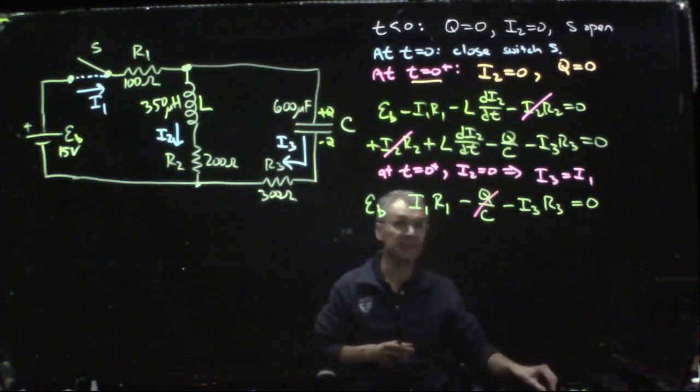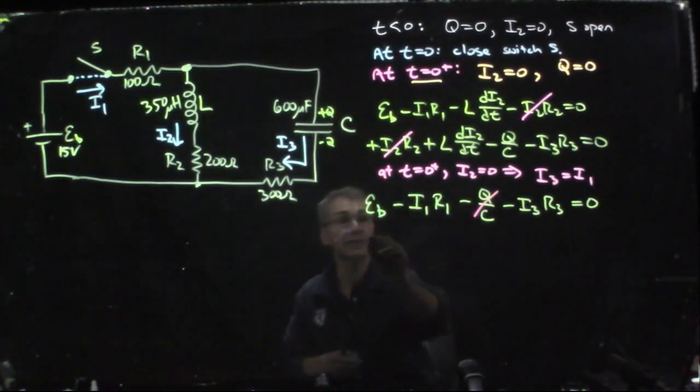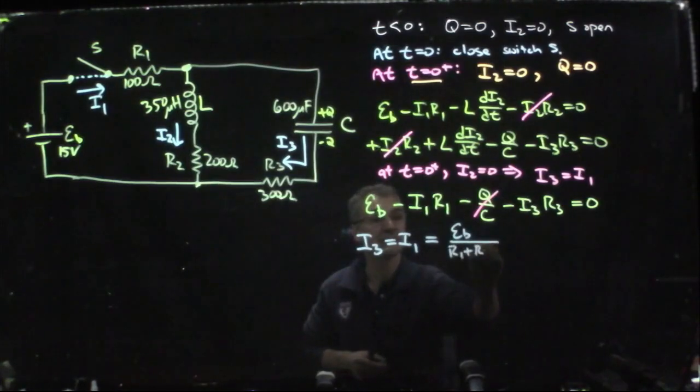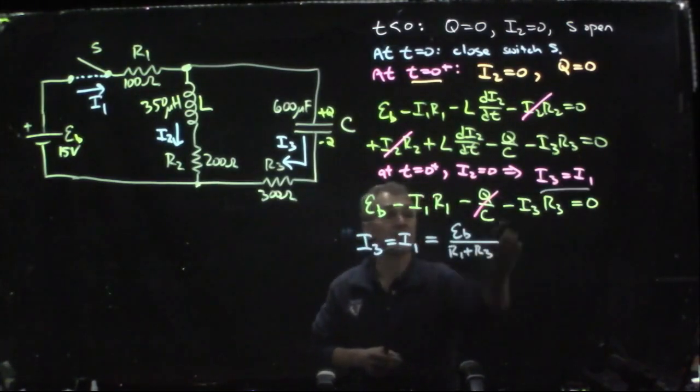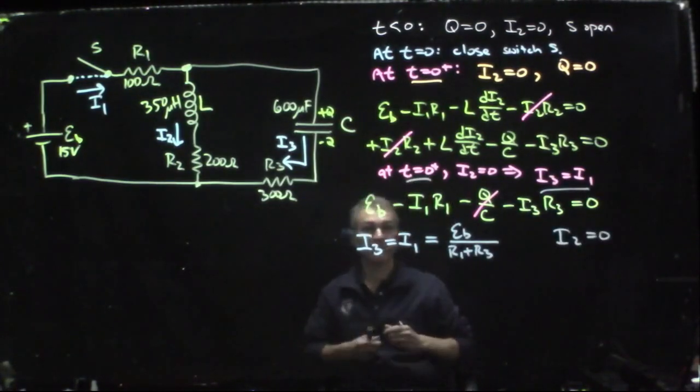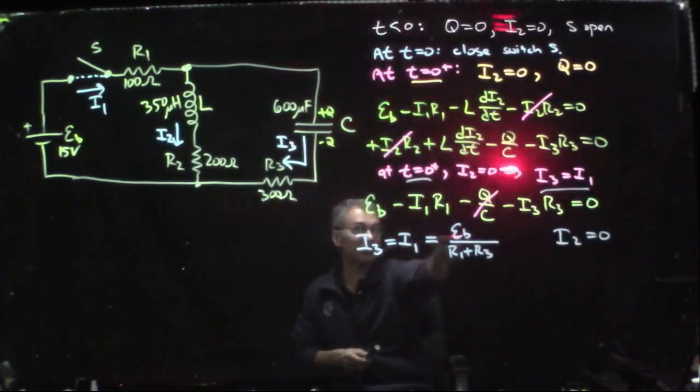Now I have something I can work with. So this gives me that I3 equals I1 equals the battery EMF divided by R1 plus R3, and we have I2 equals 0. Okay, I think that was interesting. This was actually an interesting wrong track.